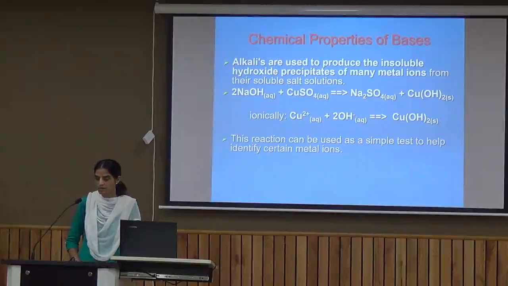Copper hydroxide appears in the solution in the form of a precipitate. Precipitate means an insoluble solid which is formed in the solution. So this reaction is a simple test to identify certain metal ions and can also be referred to as a precipitation reaction.